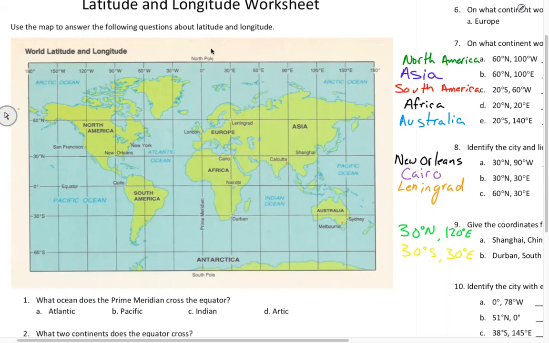So 0 degrees and 78 degrees west. Zero degrees and 78 degrees west or east. What city?